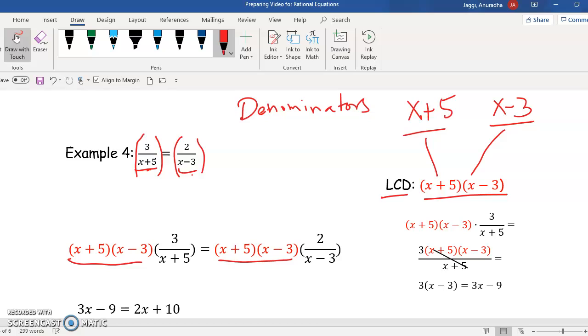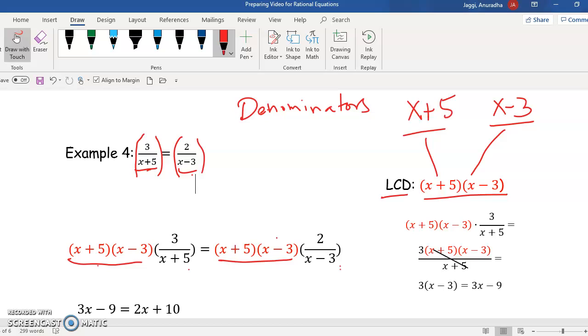Now you see there is an x plus 5 present in the denominator here, and the least common denominator definitely has that factor, and x minus 3 present in the denominator here on the right hand side of the equation, and there is an x minus 3 present in the numerator in the least common denominator.